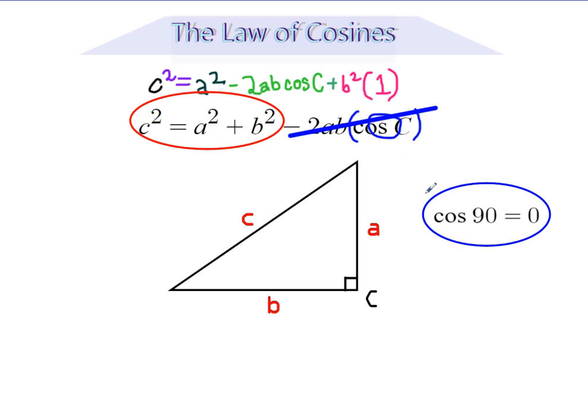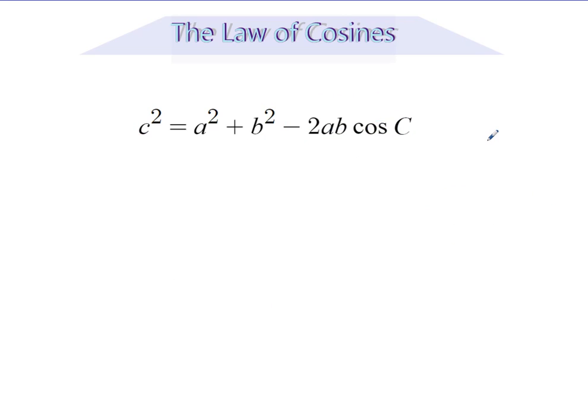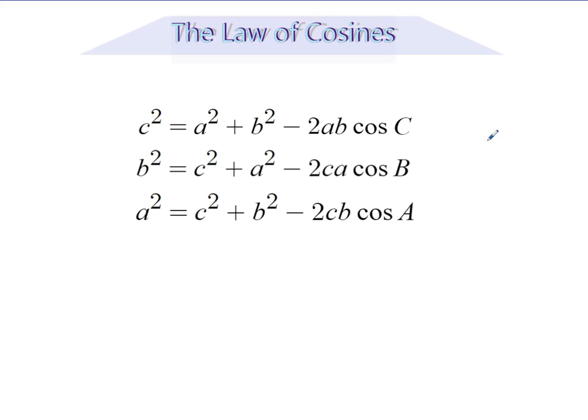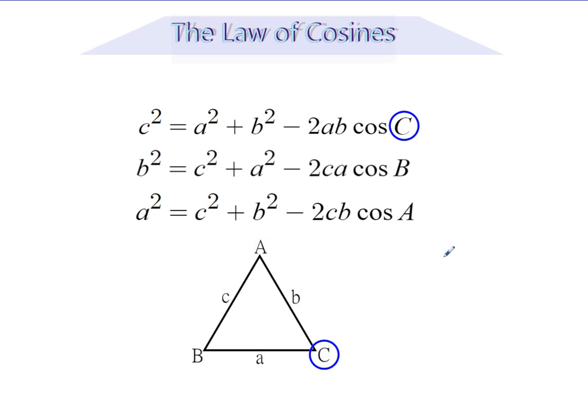So this is the hidden part of the Pythagorean theorem that you only get to learn once you're at a high enough level in math class, okay? And that's pretty special. So there are 3 other versions of the law of cosines, okay? And I know they look super scary, but notice this pattern.